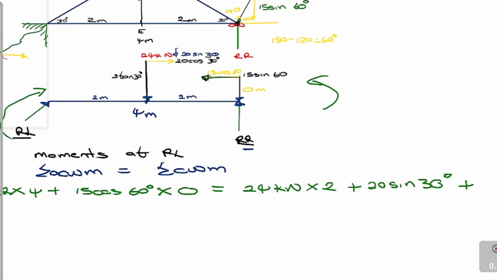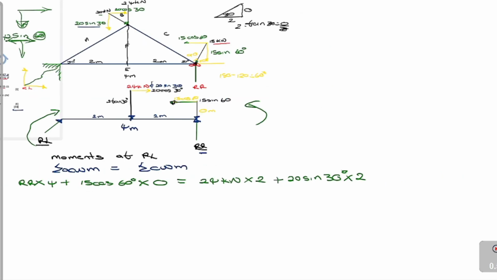Now we need to also add this one. Okay, what I'm saying is that you also need to multiply by the distance, right? That force you also have to multiply by the 2. Okay, you have to multiply by 2.